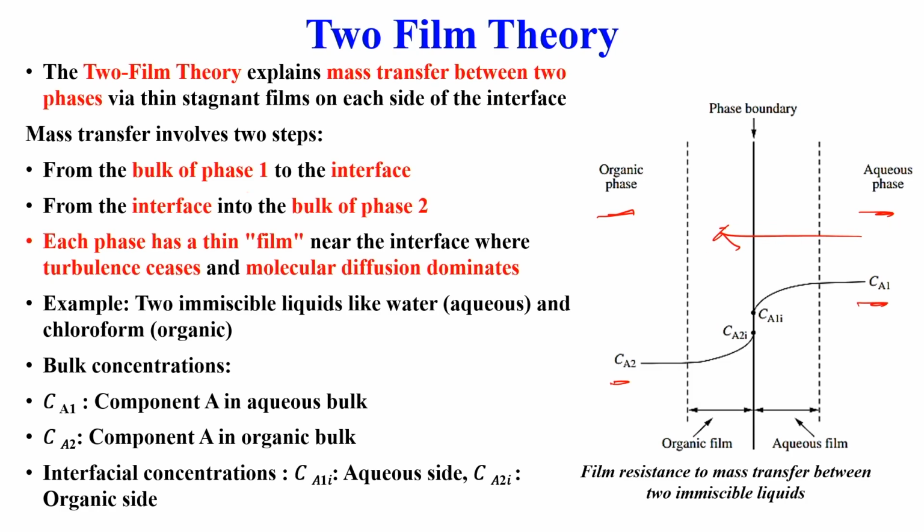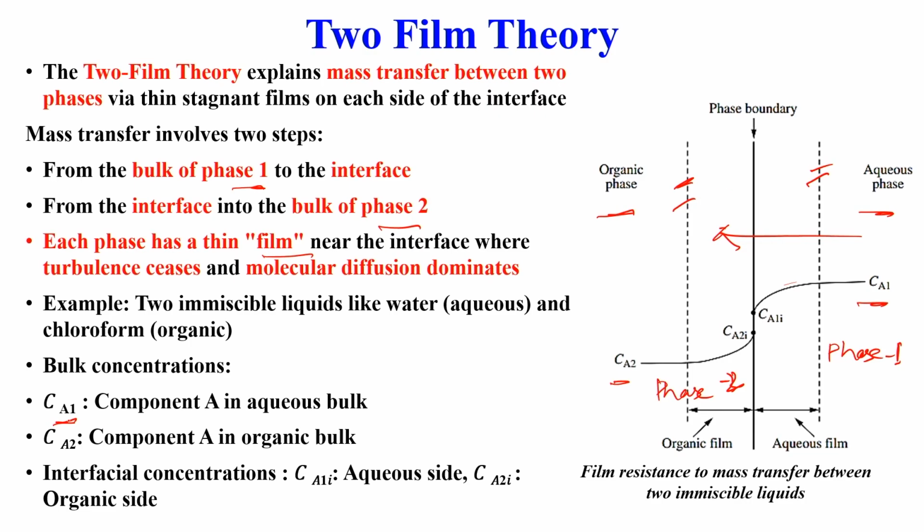What happens is that from the bulk of phase 1 to the interface is step 1, or you can say the mass transfer taking place in phase 1 comes to the interface, and then from the interface it goes to the bulk of phase 2. This is phase 2, and each phase has a thin film. You can see on both sides that the boundary layer is present here.